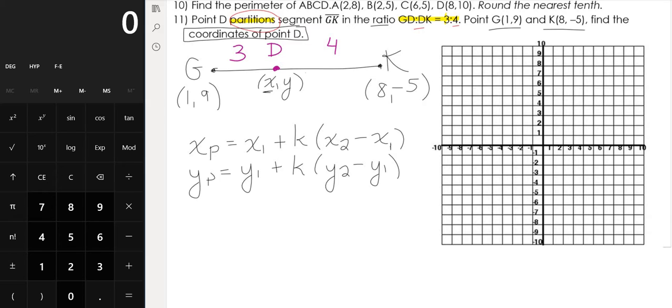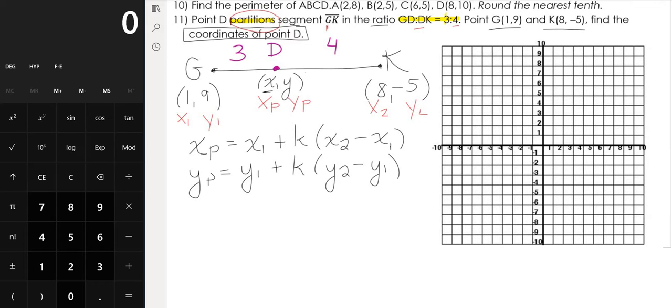Now, what are all of these variables? Well, XP and YP, those are your coordinates for the partitioning point. The P is supposed to mean partitioning point. The X1, Y1, that's your first point. We always start with the point on the left. When they name it GK, they mean they want this point G to be your first point. So it's X1, Y1, and K is X2, Y2.